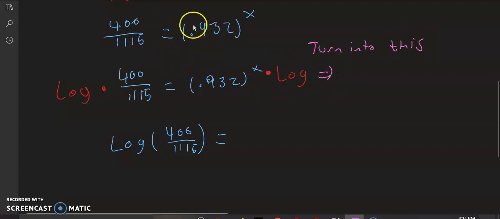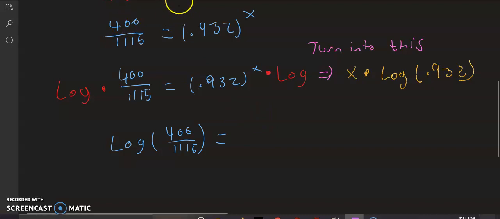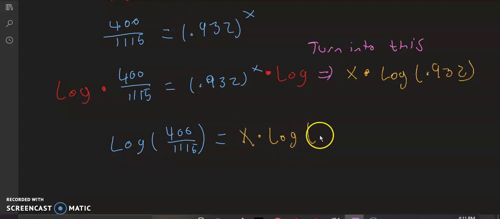It'll turn into, so I'll use pink. No, I'll use this color. So it'll turn into x times the log of 0.932. This will work for whatever logarithm you have. Sorry for the sounds. But now we're going to write it out like this. It's going to be x times the logarithm of 0.932.